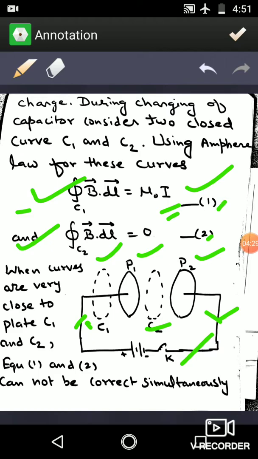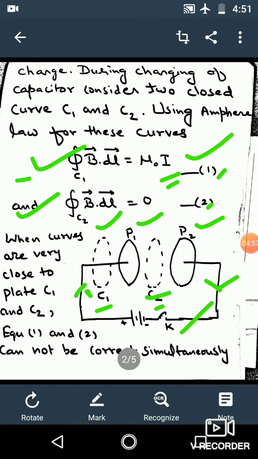Therefore these two equations cannot be valid simultaneously if curves C1 and C2 are infinitesimally close to plate P1. Therefore a correction is required in equations 1 and 2, and this correction was given by Maxwell.